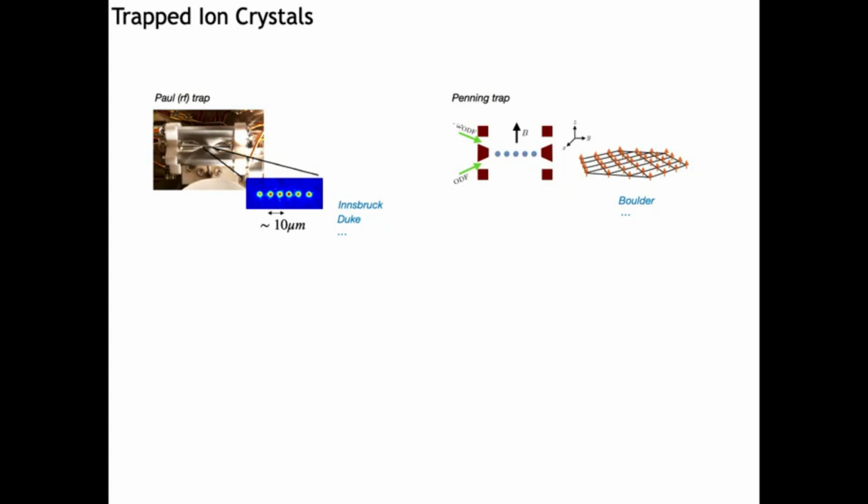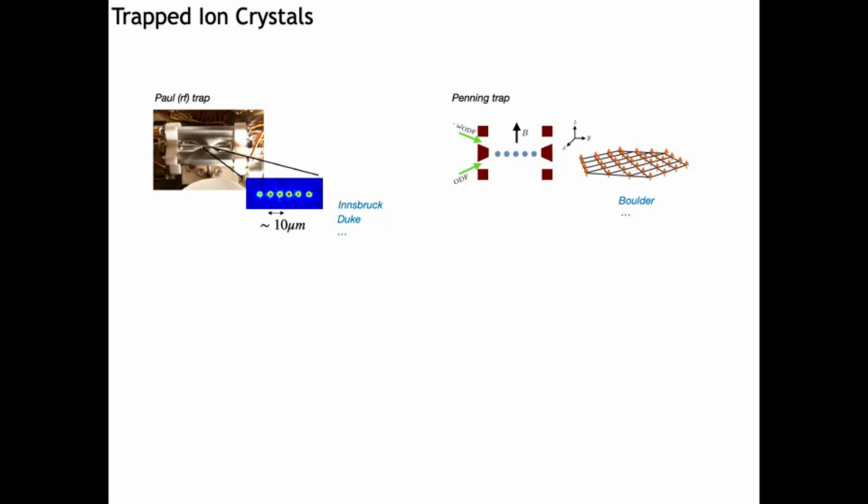Okay, so the last platform that I would like to mention is the so-called trapped ions, or trapped ion crystals. So these are basically ions now, so not neutral atoms, but charged atoms. And now essentially these charged particles are very responsive to electromagnetic fields, and electromagnetic potentials can be used to trap them in space.